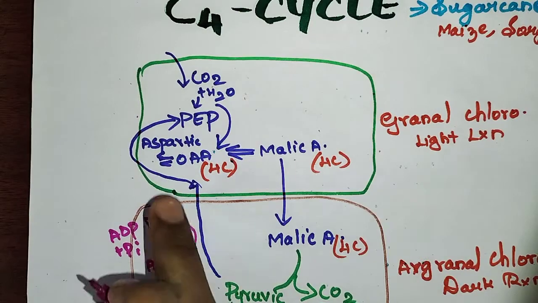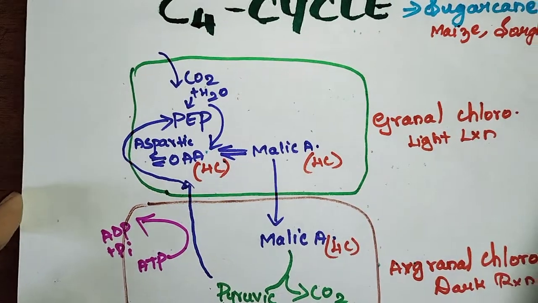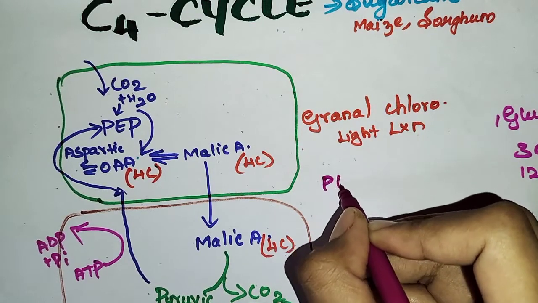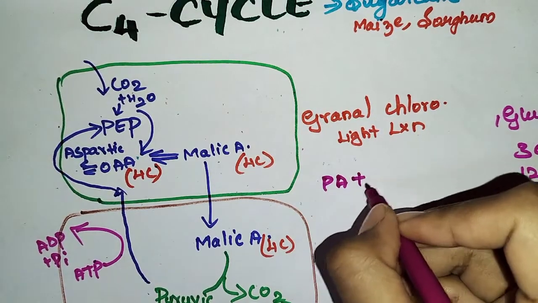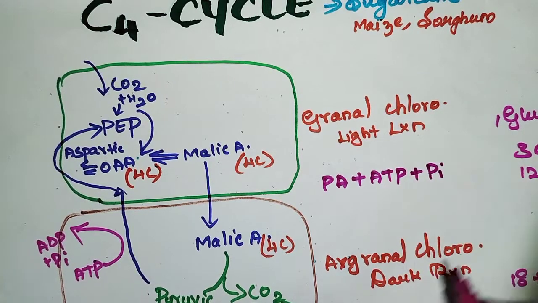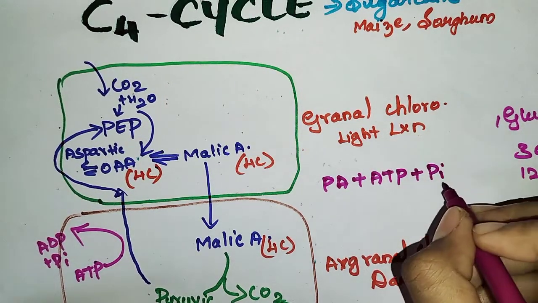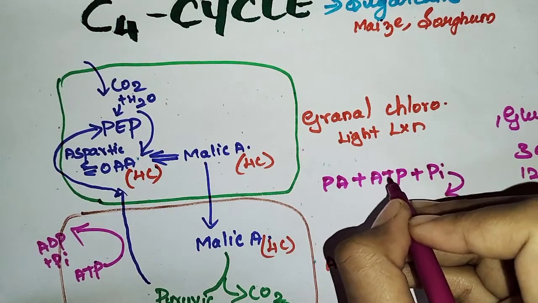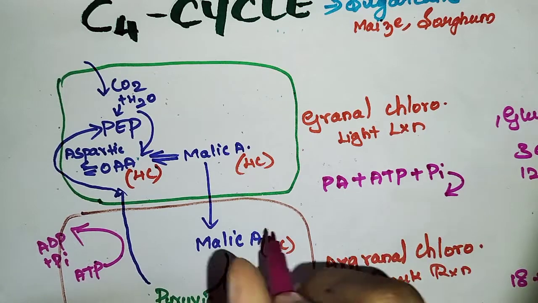See here. This part what happens means I will write you the reaction here. 1 pyruvic acid plus 1 ATP and one inorganic phosphate is free over here. This is converted to 3 phosphate is present over here.